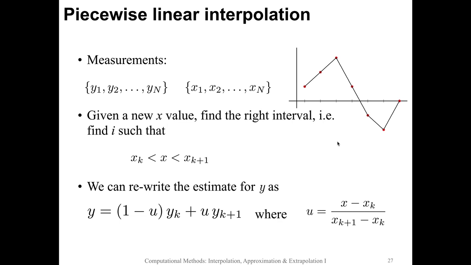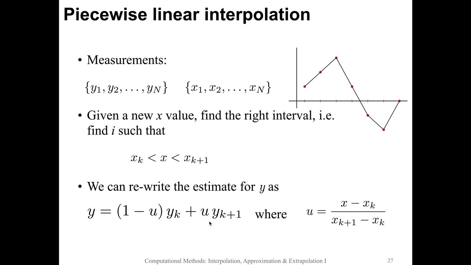But we can rewrite this estimate for y in a slightly different way. We can write it as a blend of the two measurements at the ends of the interval. So we have yk and we have yk plus 1. If you do some algebraic manipulation, you can show that this blend can be written in this form: a fraction times yk plus another fraction times yk plus 1.